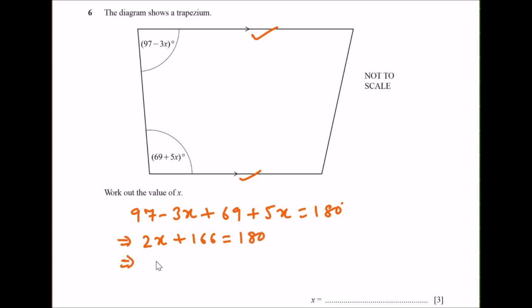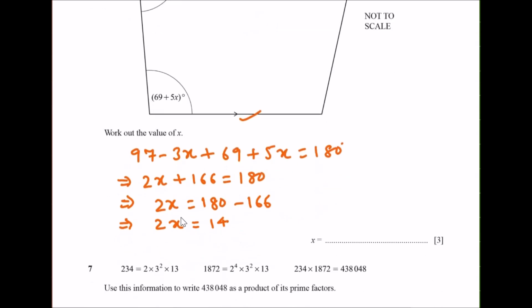This implies that 2x is equal to 180 minus 166, that is 2x equal to 14. This implies that x equal to 7. So x equal to 7 is the answer.